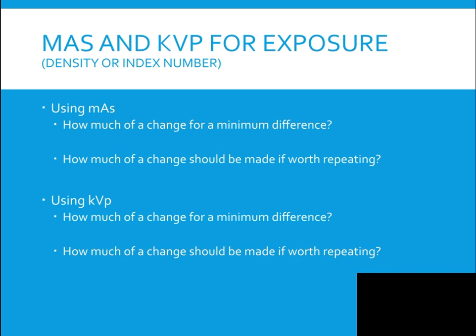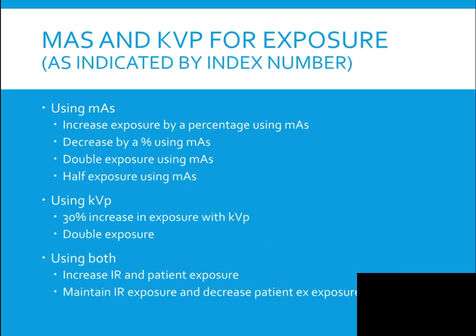Again, you're never going to use that, but if you need to repeat an image because you underexposed the patient, then it's worth changing your kVp by 15%. Remember, 15% equals a 100% change in mAs. A 5% change in kVp equals a 30% change in mAs.